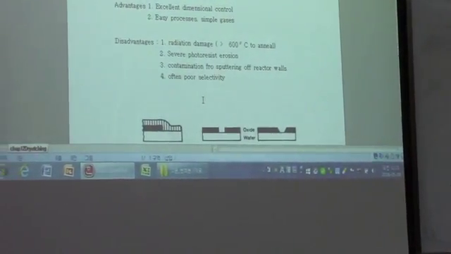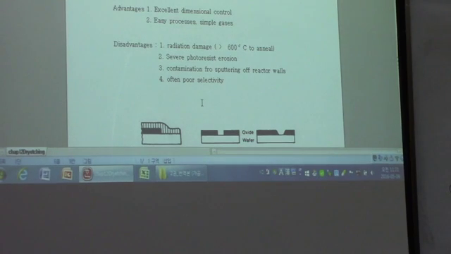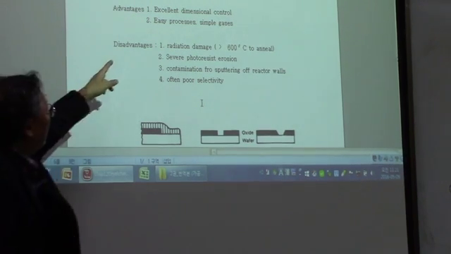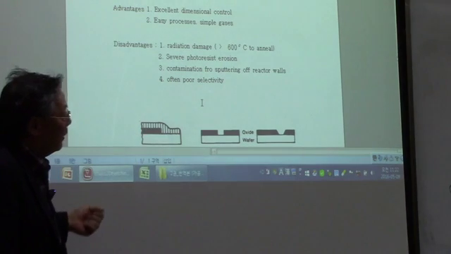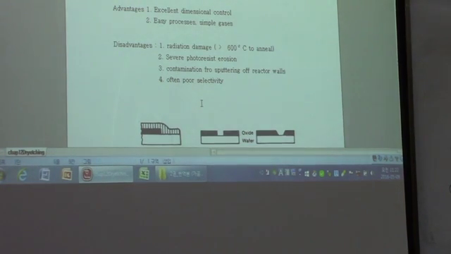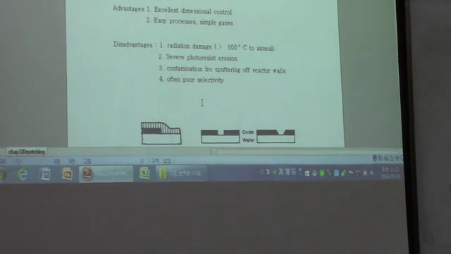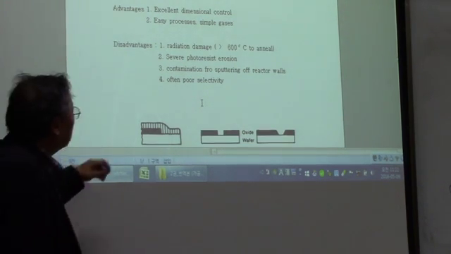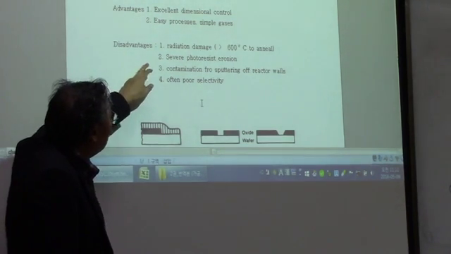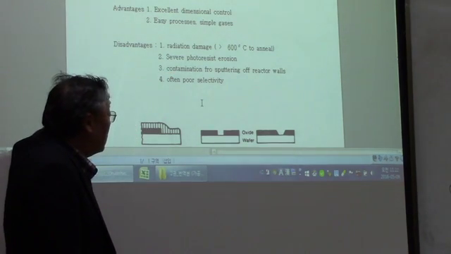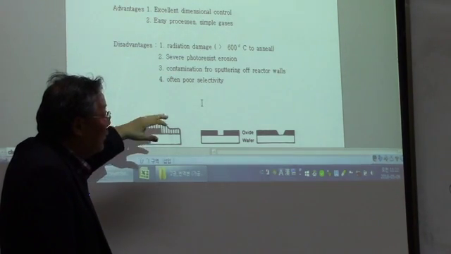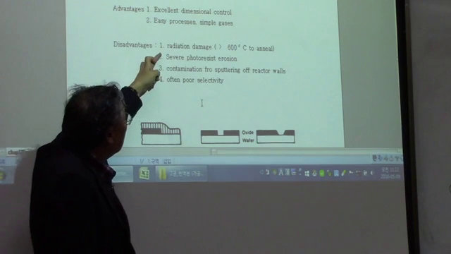Advantage of this RIE: excellent dimensional control because of the nature of anisotropic etching, right? And the easy process, simple gases. We just use the fluorine gas and argon gas to get ions. Disadvantage: radiation damage. It relatively has high energies for the directionality.